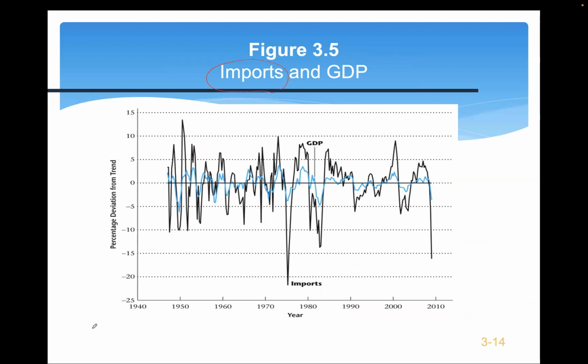So remember, for the aggregate demand, we have C, we have I, we have G, we have NX. But NX has two terms: export and import. And here we look at import.